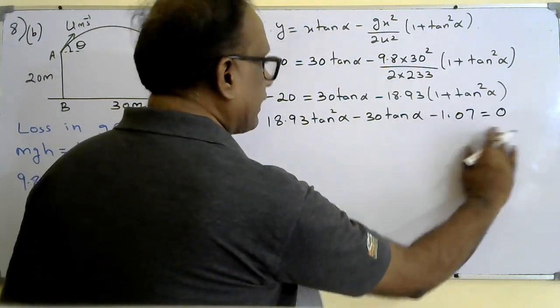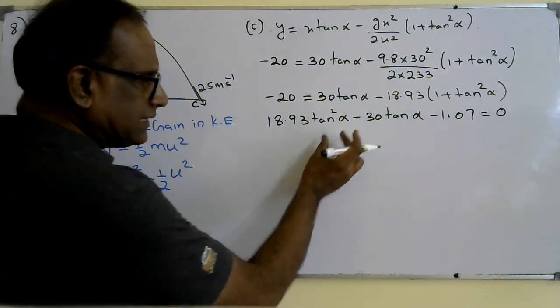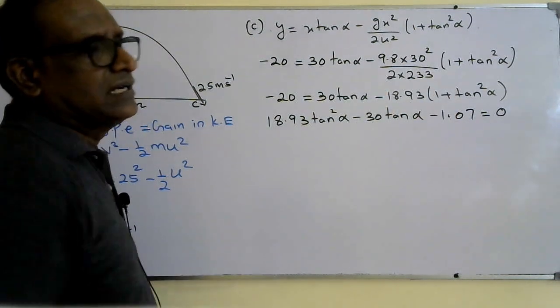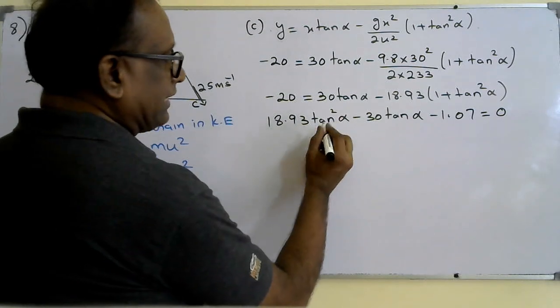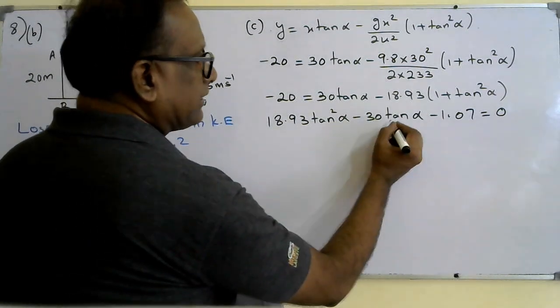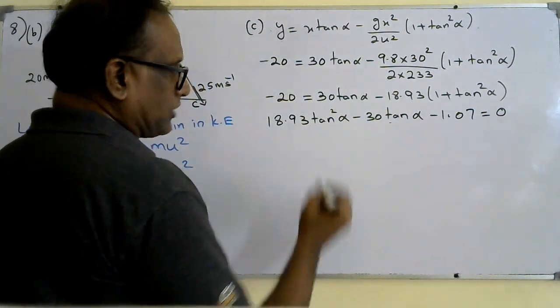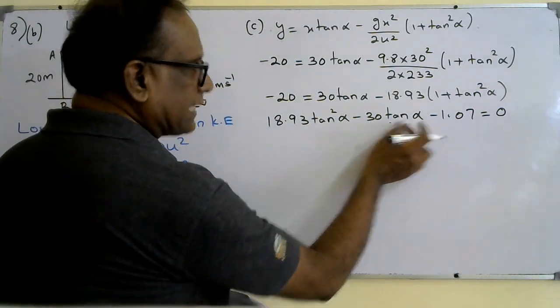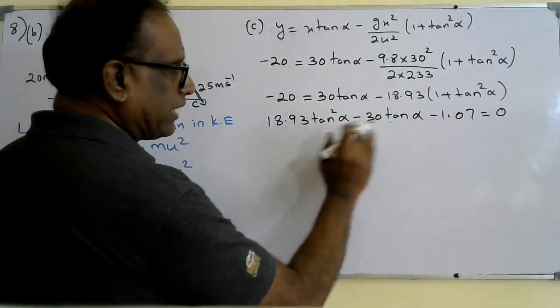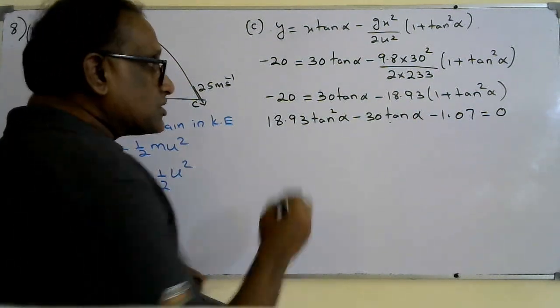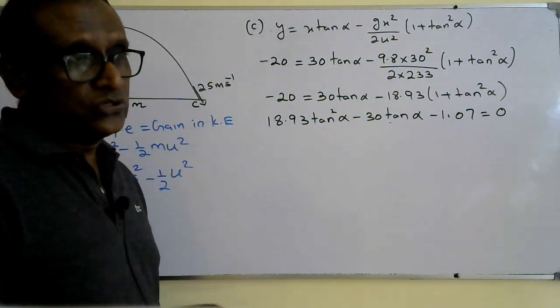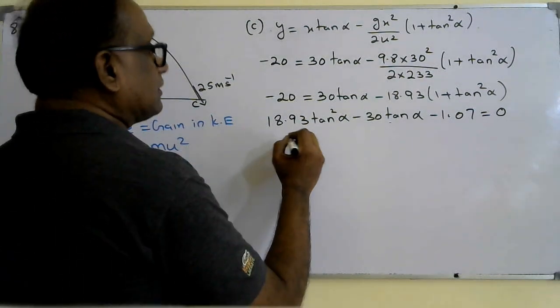So it's a tan squared alpha, but it's a quadratic equation. You can imagine tan alpha as just something like x. So it's like 18.93 x squared minus 30x minus 1.07. Whatever it is, it's a quadratic equation. Use your calculator and solve to get the actual values for tan alpha.